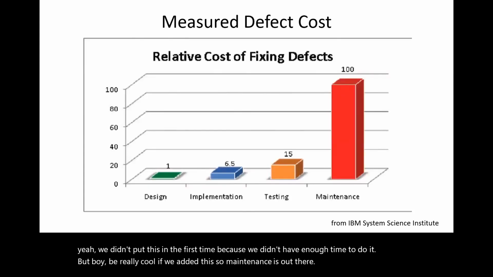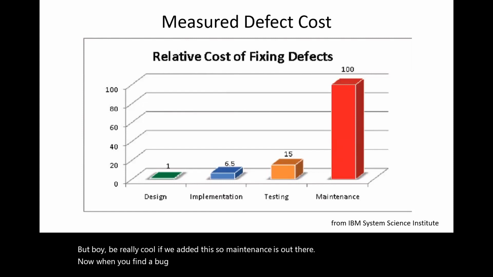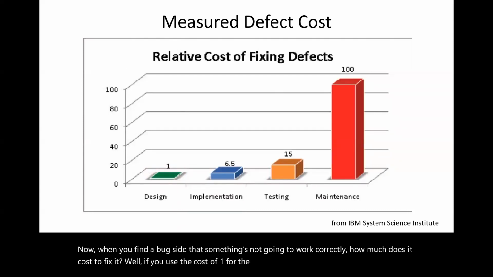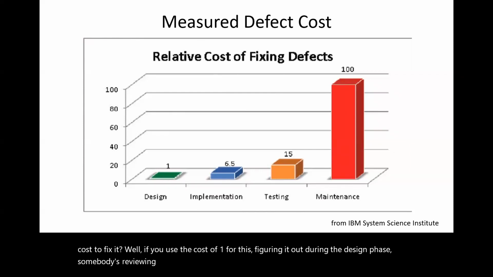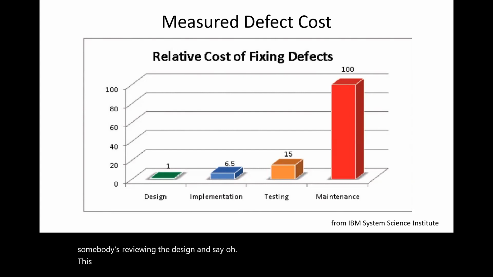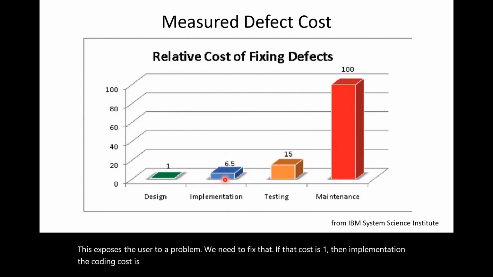Now, when you find a bug, decide that something's not going to work correctly, how much does it cost to fix it? Well, say the cost is one for figuring it out during the design phase, when somebody's reviewing the design and says, oh, this exposes the user to a problem, we need to fix that. If that cost is one, then in implementation, the coding cost is 6.5 times that.